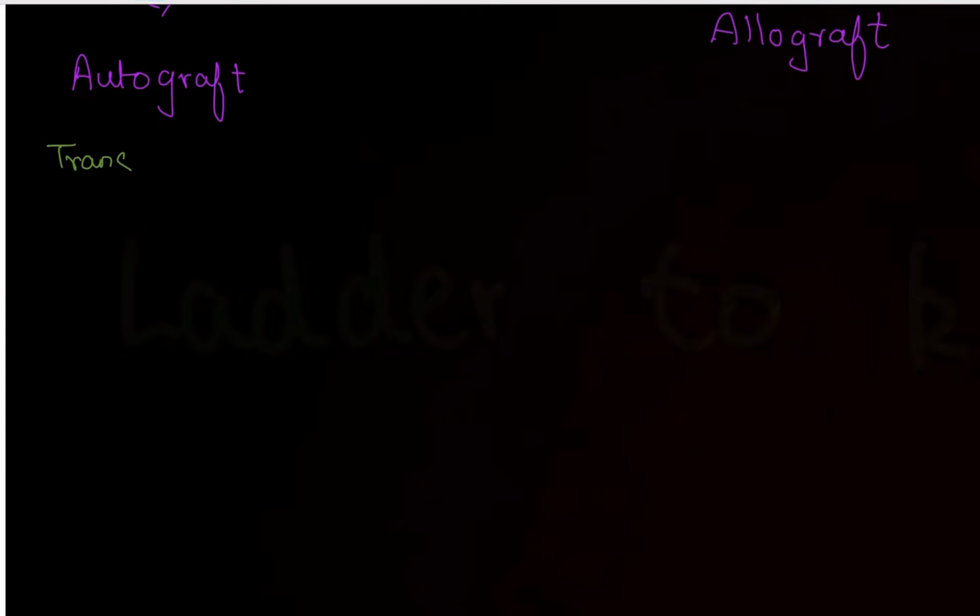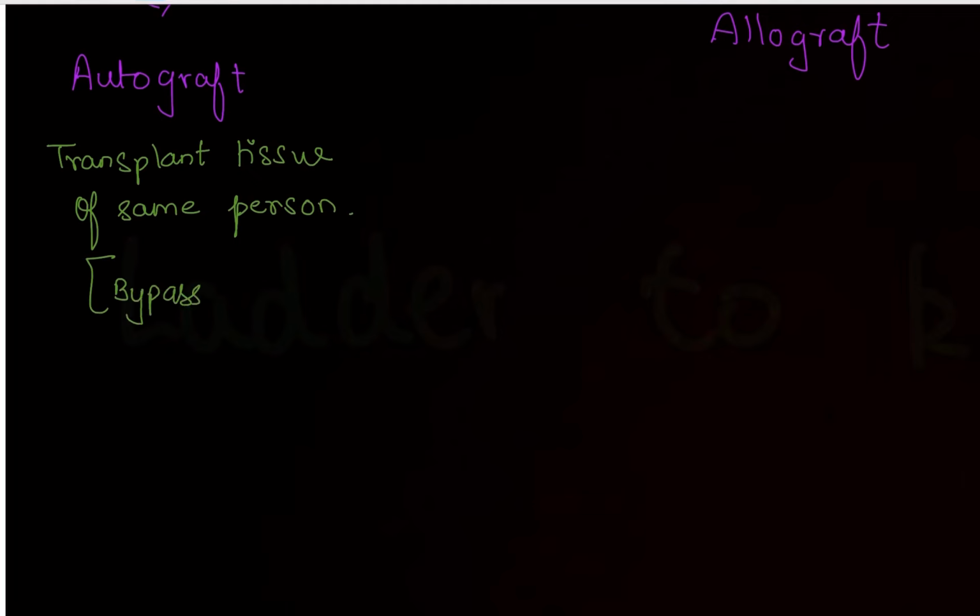So autograft means transplant tissue is from the same person. Transplant tissue of same person. For example, you can write bypass surgery. So in bypass surgery, what we do, we take a vein. The vein usually used is great saphenous vein. This great saphenous vein, we will be doing it in anatomy.